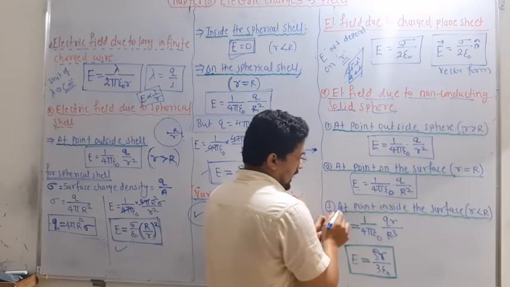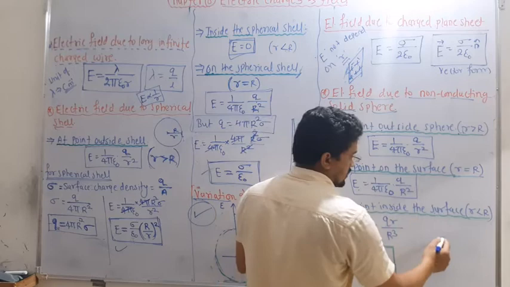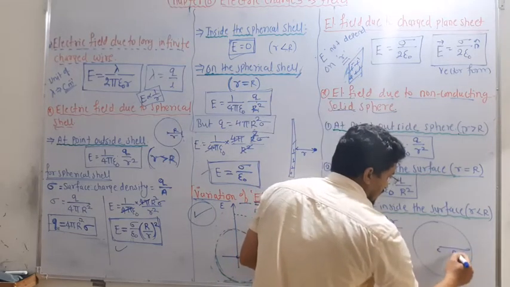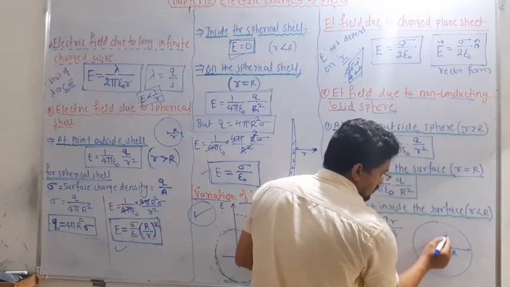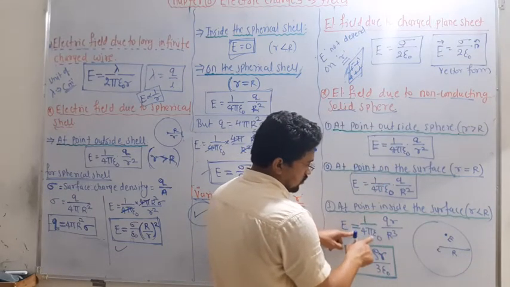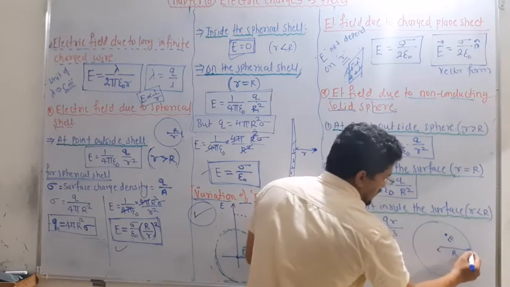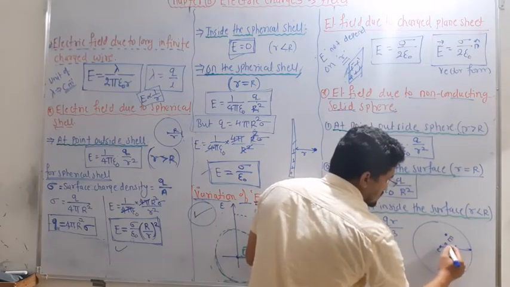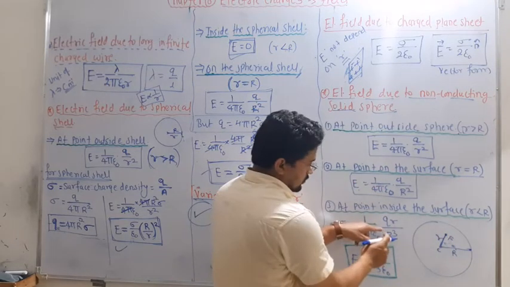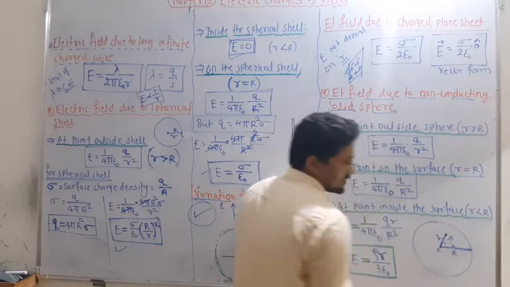At a point inside the solid sphere, if this is the center and this is R, then the electric field at this point is given by E = (1/4πε₀) QR/R³. Here r is the distance from the center to the point, and R³ involves the radius of the sphere.